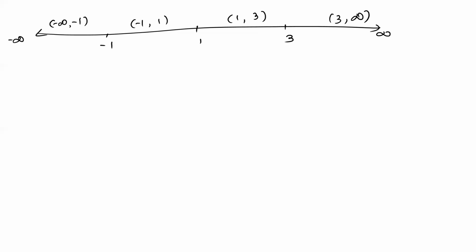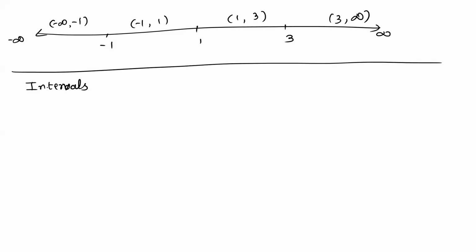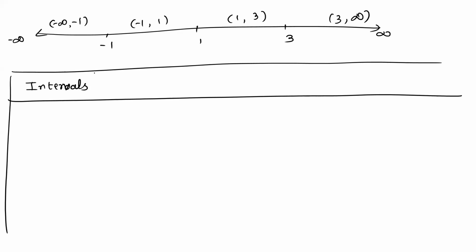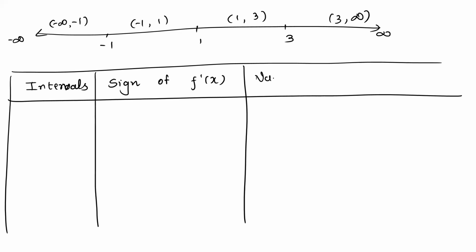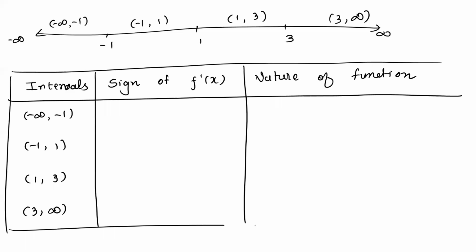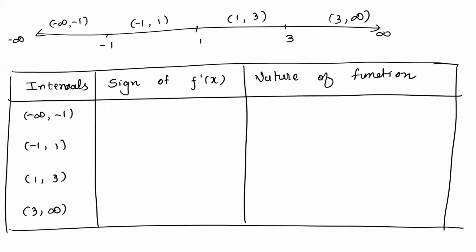Only one thing remains: the sign of f dash x, the nature of the function. For the intervals minus infinity to minus 1, minus 1 to 1, 1 to 3, and 3 to infinity, we have to find the sign of f dash x.